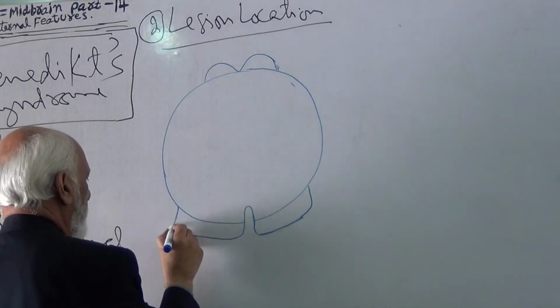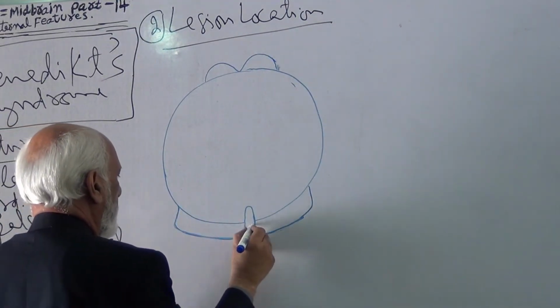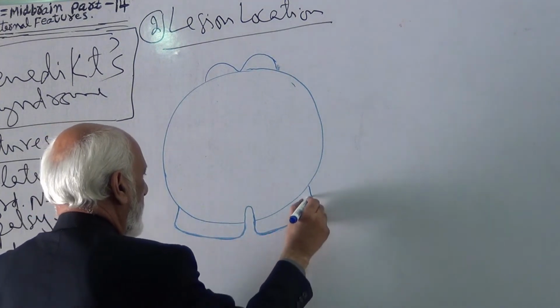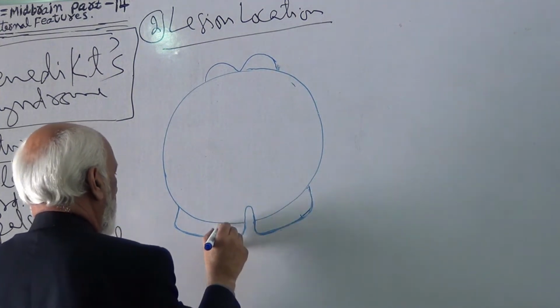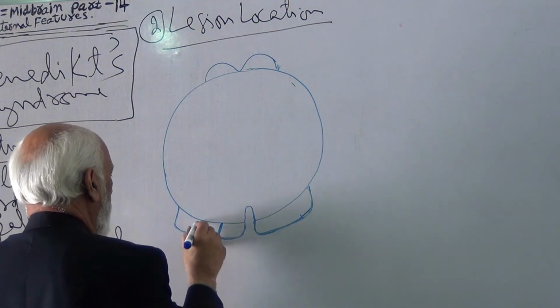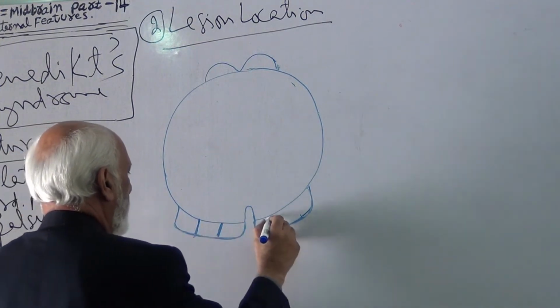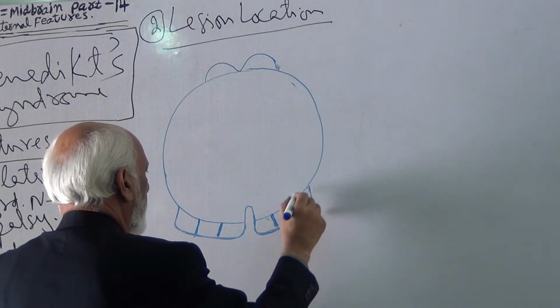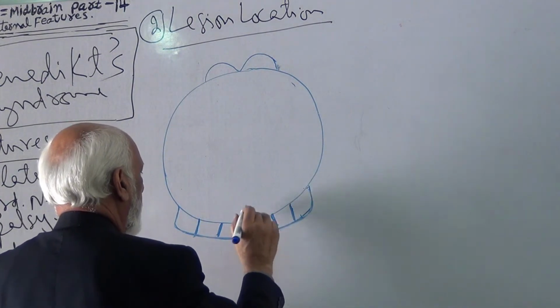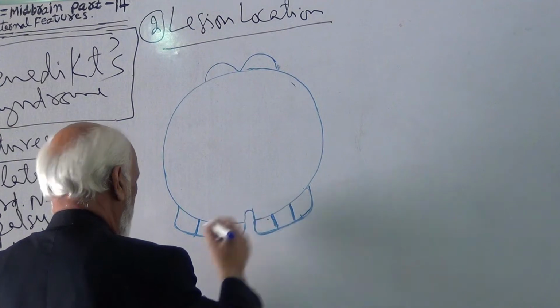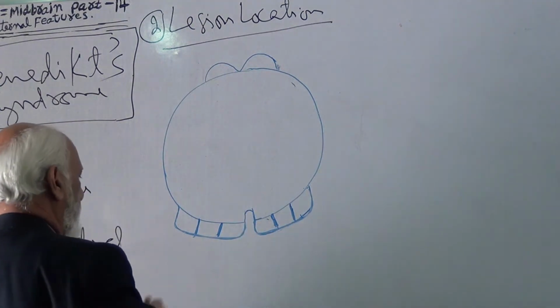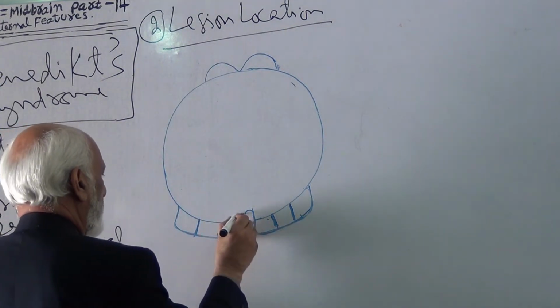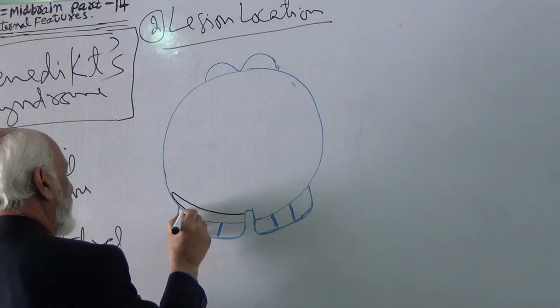In front, crus cerebri, divided into medial part, intermediate part, and lateral part. Behind it is the substantia nigra on each side.